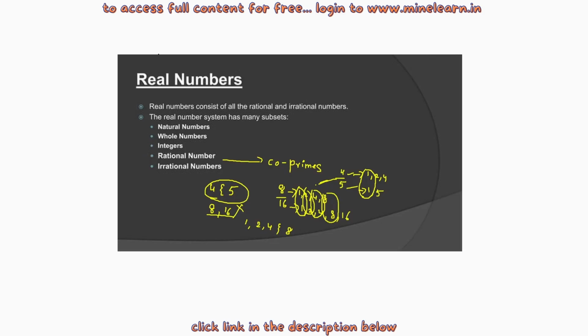Now the conditions to tell the definition of rational: the first one is p by q, the second one is q is not equal to 0, and the next one is p, q belongs to Z. And the fourth condition, this is the new one to you: p, q are coprimes.